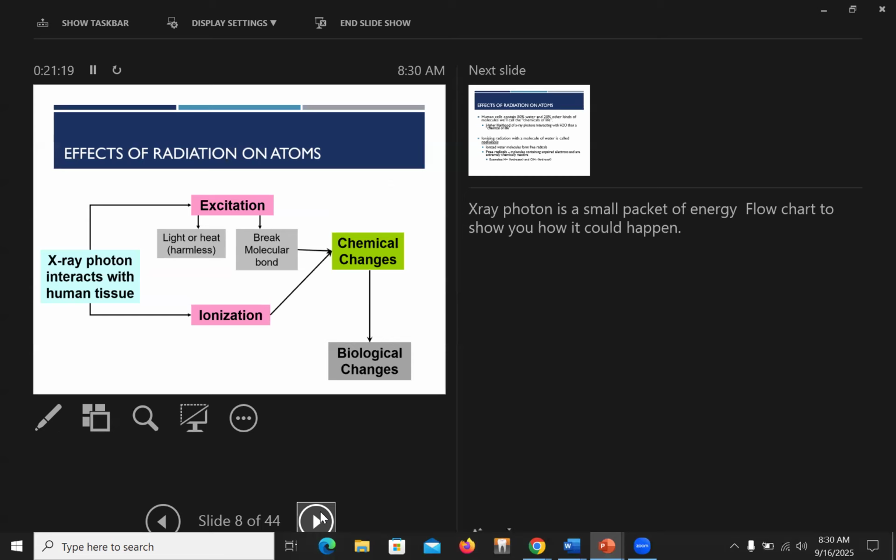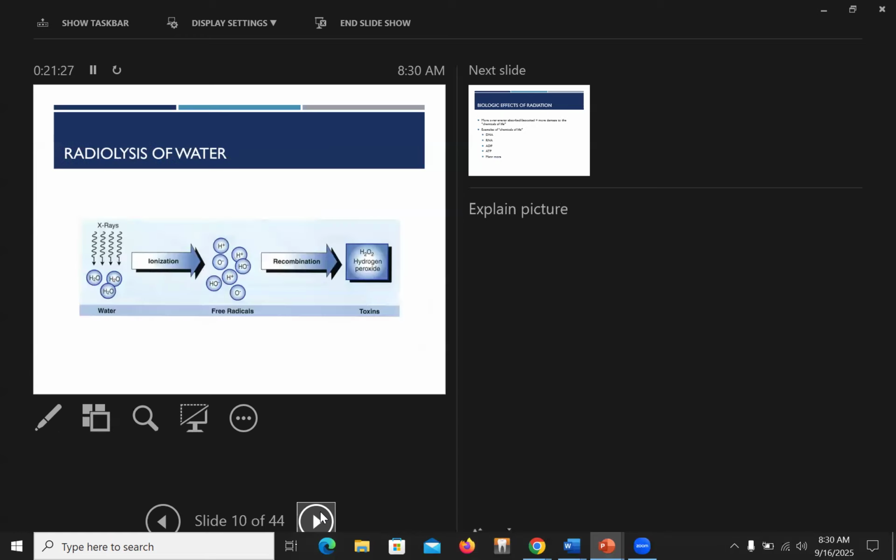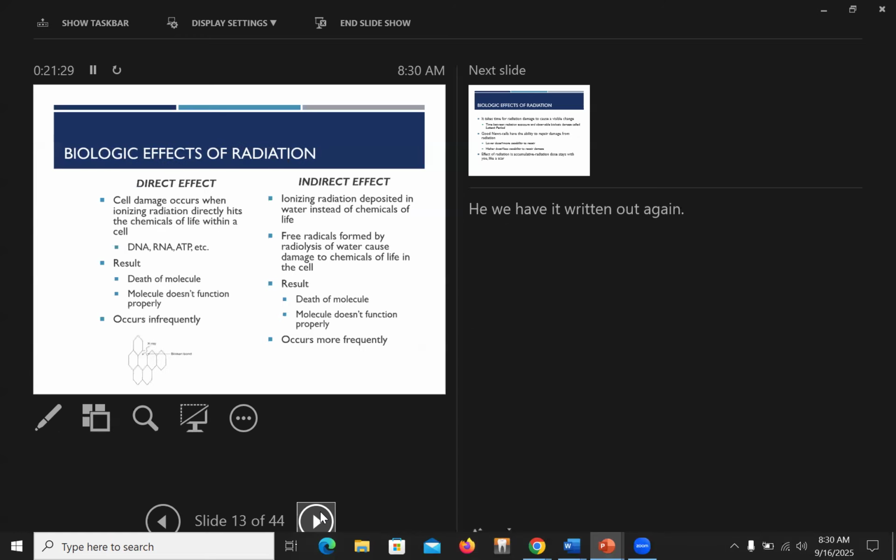You're going to eventually get to biological changes, but it happens indirectly. So excitation can kind of sit in that indirect effect column.